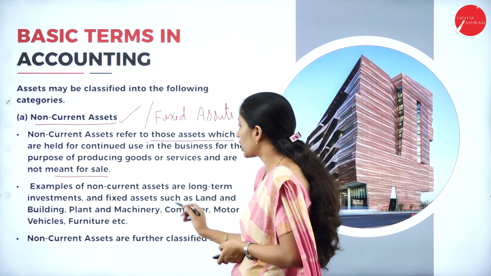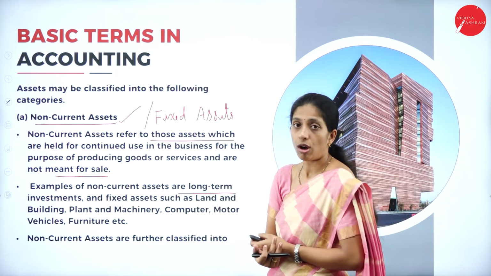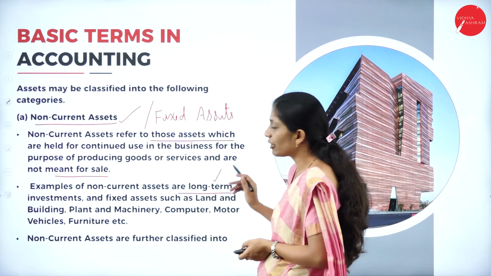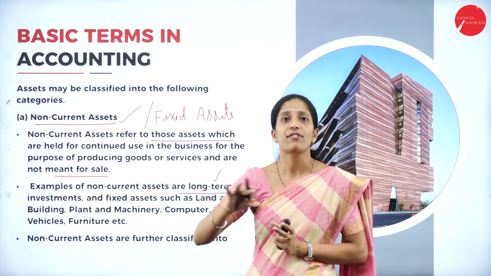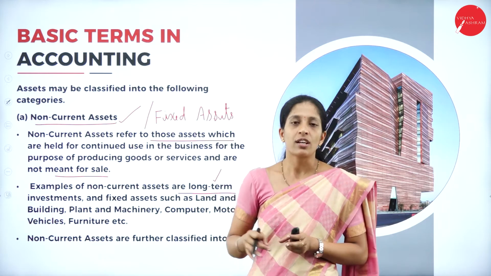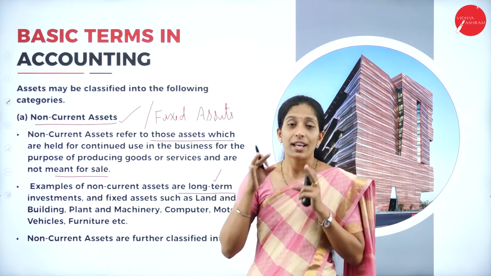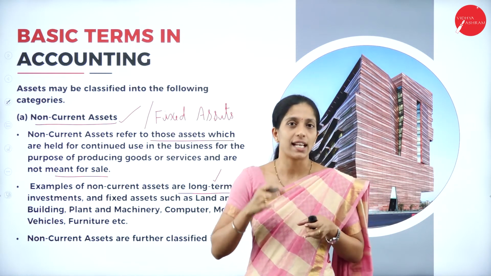Examples of non-current or fixed assets are long-term investments. See here the word long-term. As I have already told you, a fixed asset is there for a longer period of time and is not meant for sale in the business.